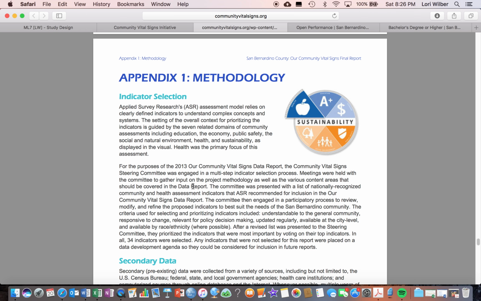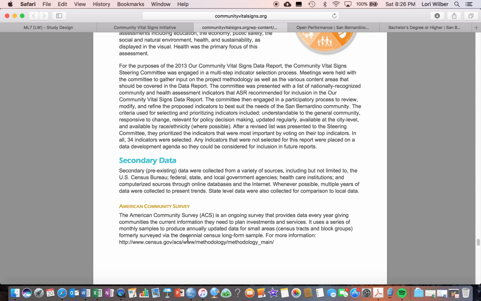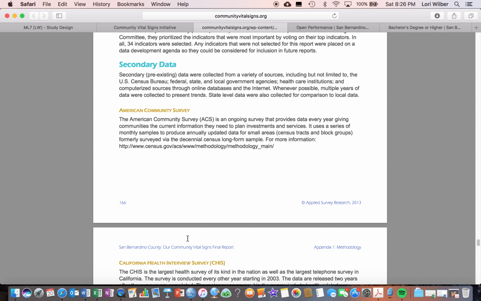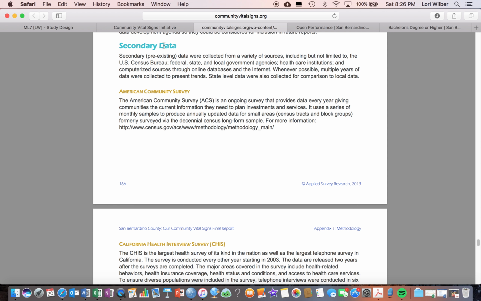And so they talk about how did we choose certain indicators, and specifically in this kind of report they are doing secondary data analysis, which means somebody else collected this data for some other purpose, and then they came along and said, hey, that would really be helpful to us. Can we have a copy of your data so that we can look at it too? Or really compiling even just the results of what other people have found and published.